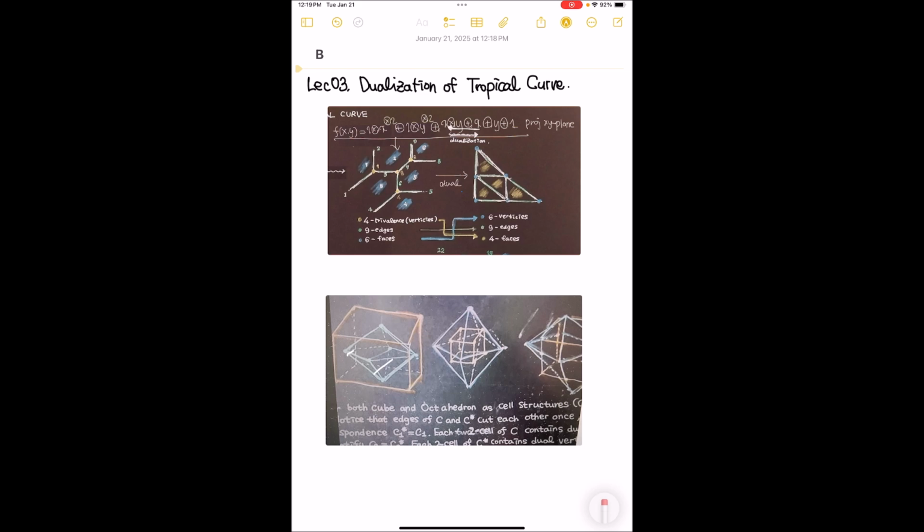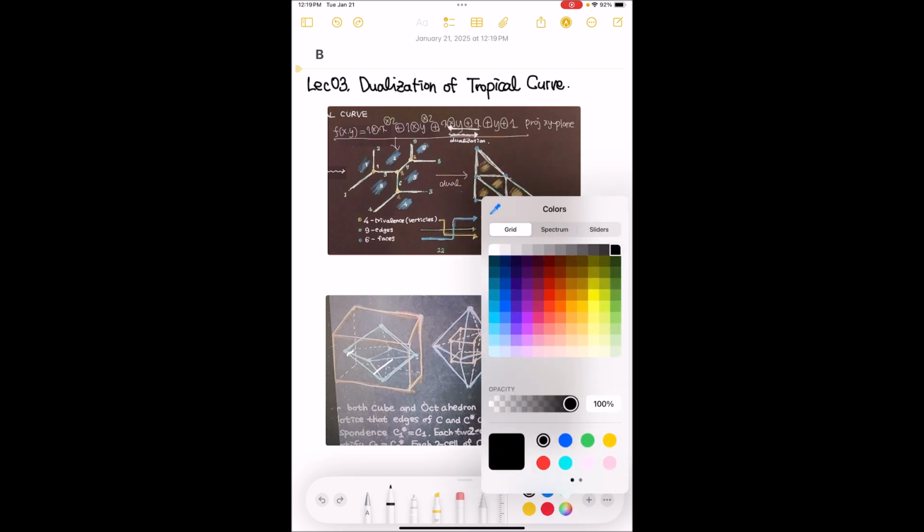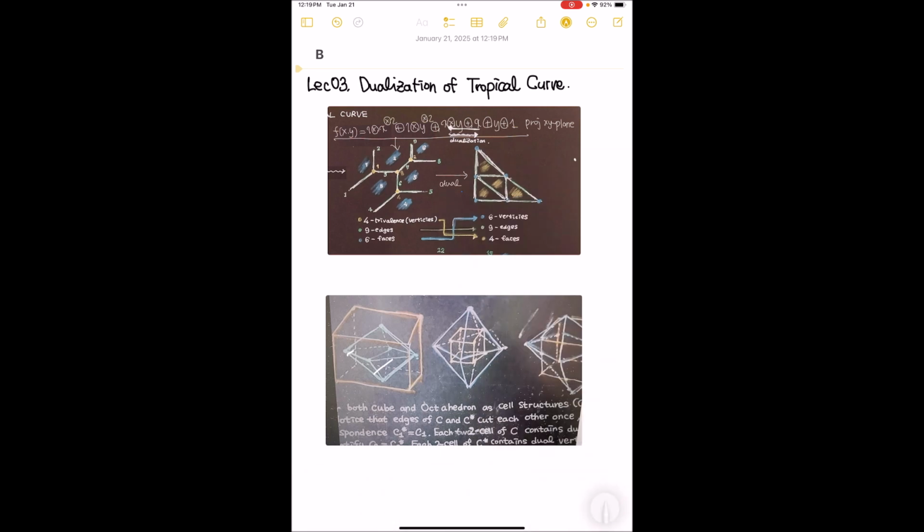In the previous lecture, we plotted the graph, the quadratic tropical curve, and that is a projected image on the XY plane. That shape looks like a tree branch.